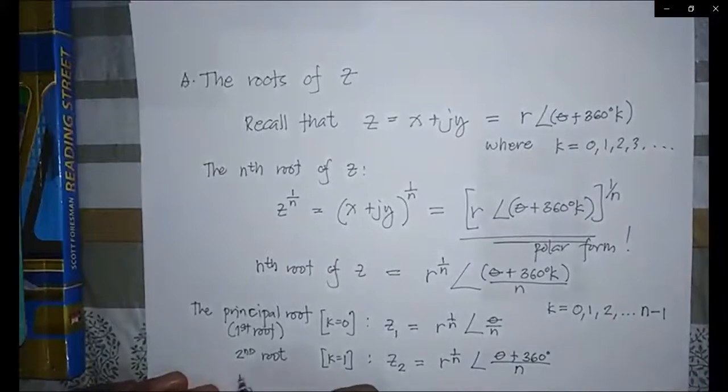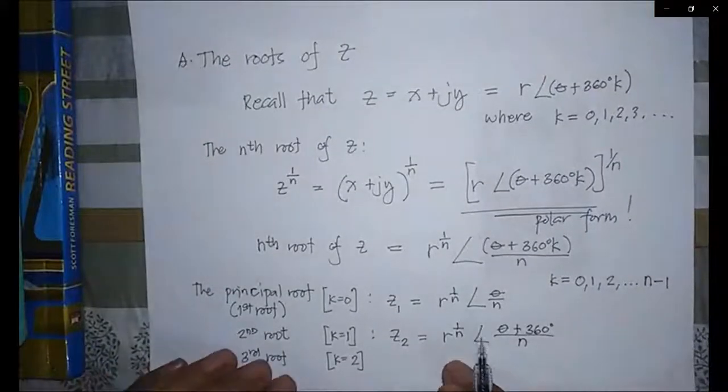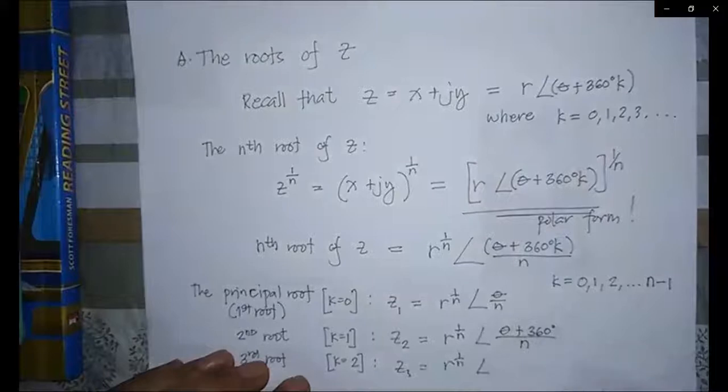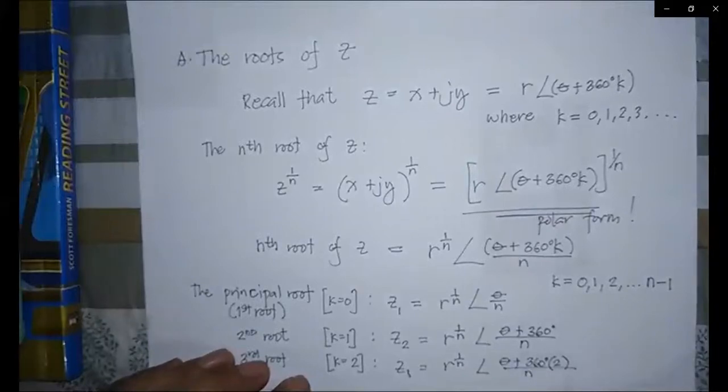Now, for the third root, the value of k is equal to 2. For our third root, we will use z3, that is equivalent to r raised to 1 over n, angle of theta plus 360 multiplied by 2, all over n. So that's how you take the roots of your complex number z.